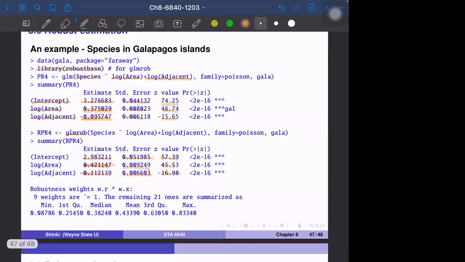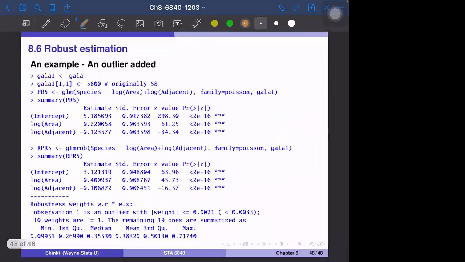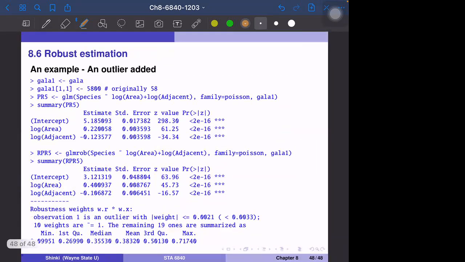Now we would like to see the benefit of the robust estimator, so I artificially made one outlier. In the original data, the first line has 58 species. Generally the number of species is maybe 5 to 100, but we just make 58 into 5800. Then what happens?